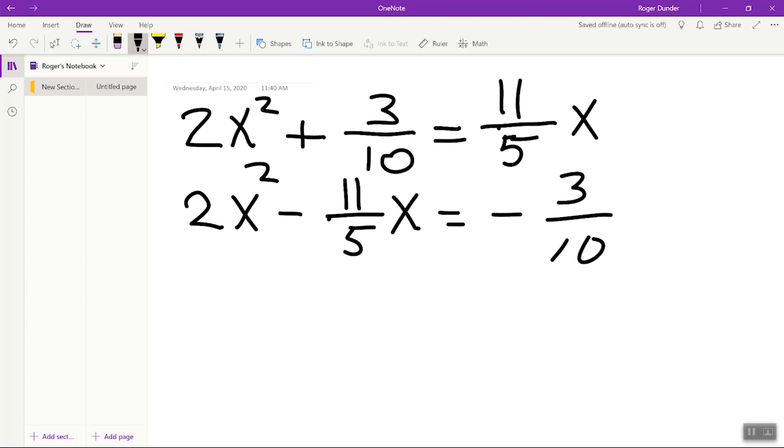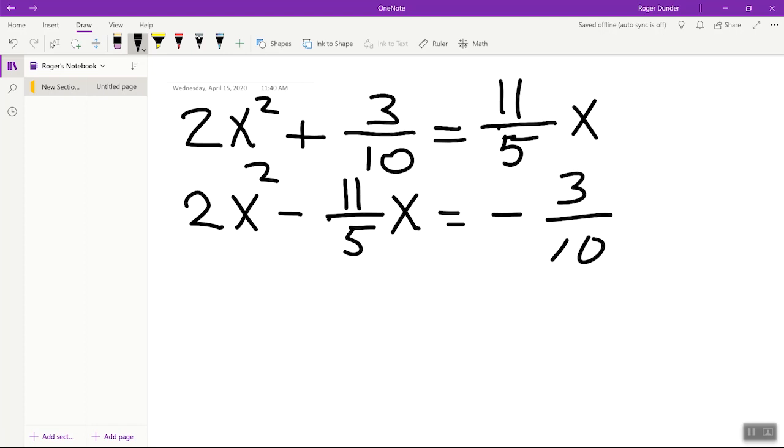Now, step number 2. Step number 2 is ensure that the coefficient of x squared is equal to 1. Right now we have 2x squared. That must be a 1x squared. So if we multiply the left and the right side of this equation by 1/2, multiplying 2x squared by 1/2 will cancel the 2.